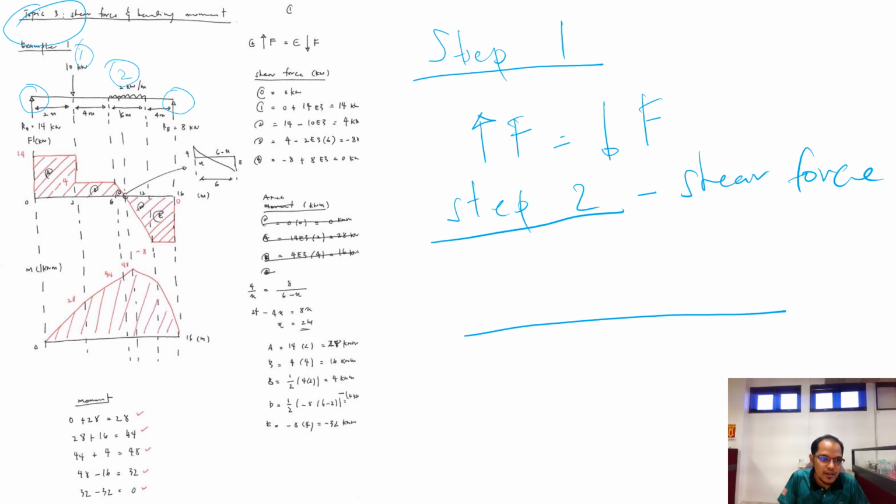Kita buat macam ni lah. Alright. So here is 0, 2, 6, 6, 12, 16.